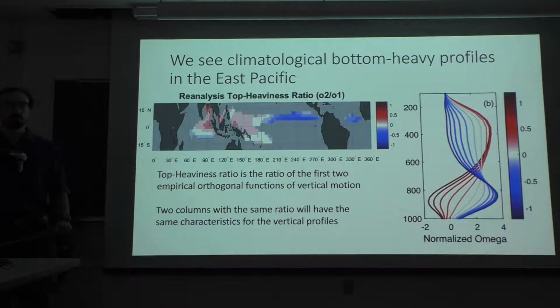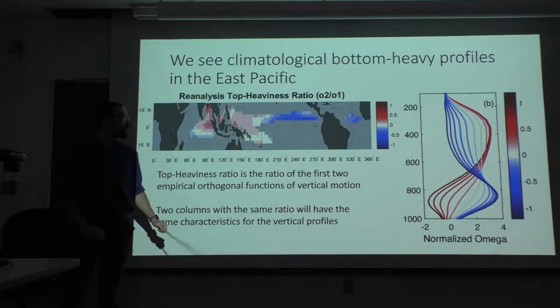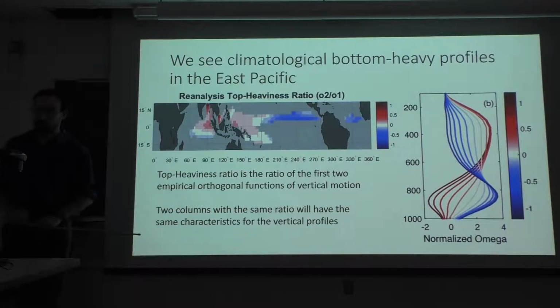And this comes from any of several reanalysis datasets? Yeah, I think this is with ERA-Interim, but if you do NCEP reanalysis, ERA5 or ERA-Interim, or even just smaller subsets of data, the vertical motion EOFs tend to look like those, and the principal components also tend to map the same way depending on datasets.